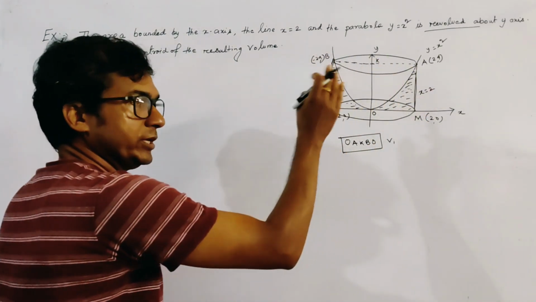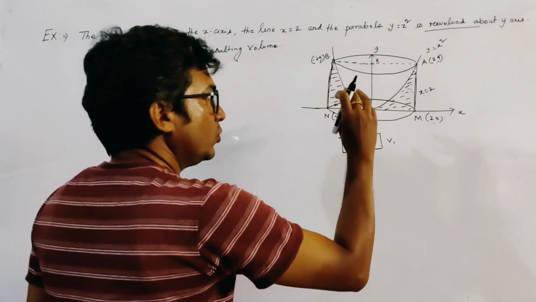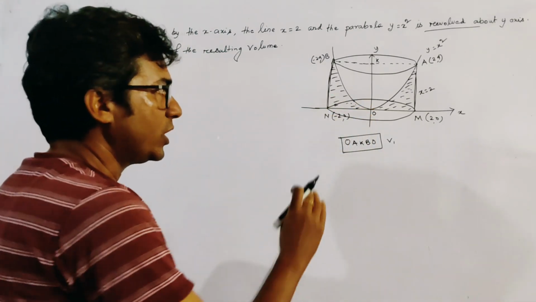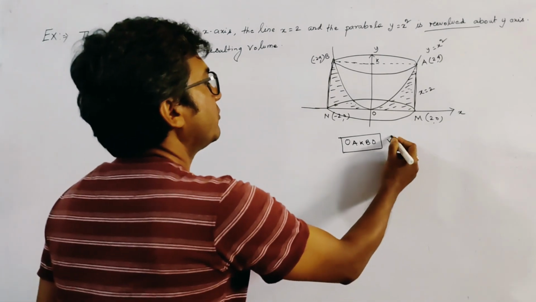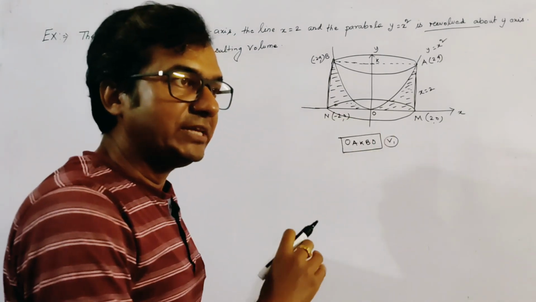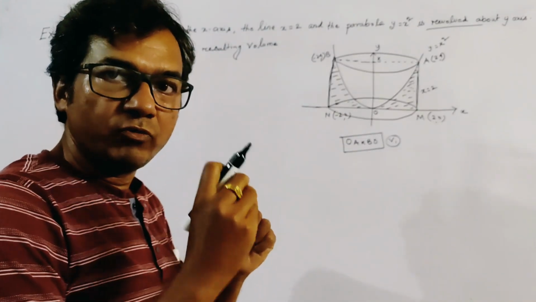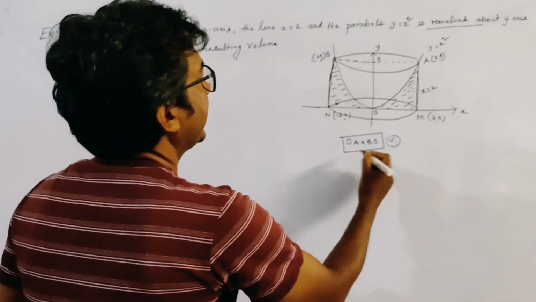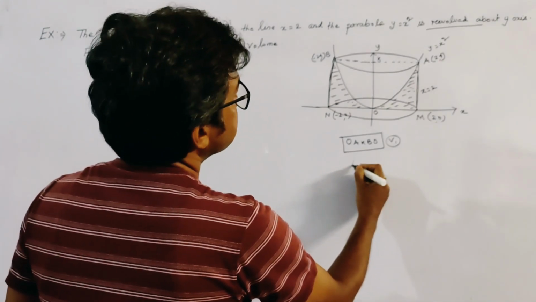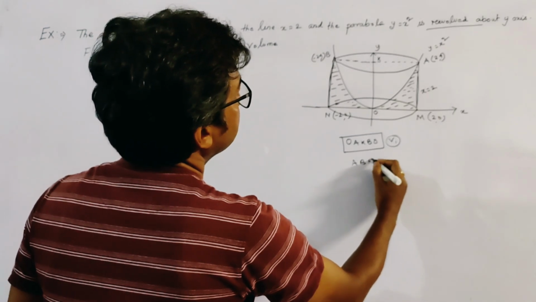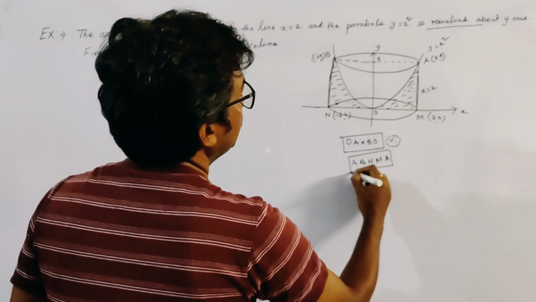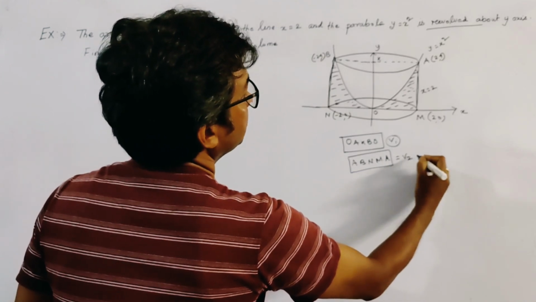That is the total body, and we find the coordinate of CG one by one: first for V1, second for V2. Then we use the formula of combined body CG. Another volume we write here is ABNMA, and this volume is V2.